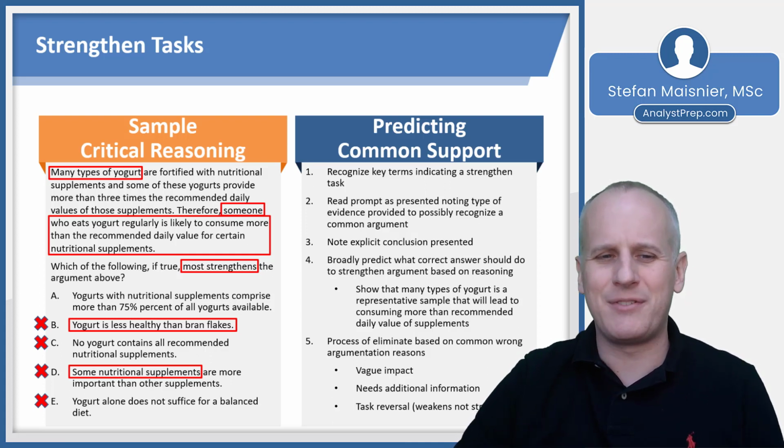Whereas choice A, we've got yogurts with nutritional supplements comprise more than 75% of all yogurts available. Well, this is saying that many types of yogurt is actually a majority and a vast majority of all the yogurts that are available.